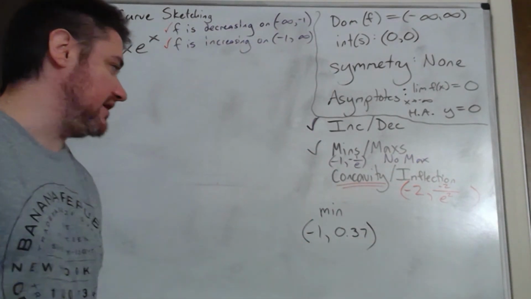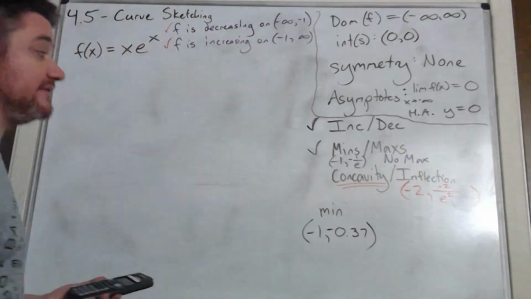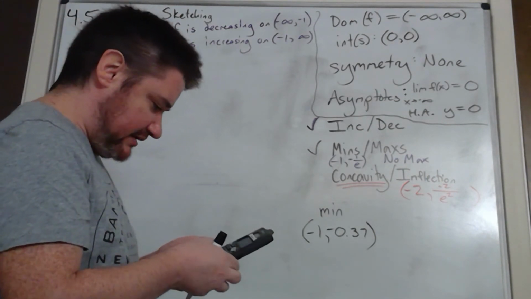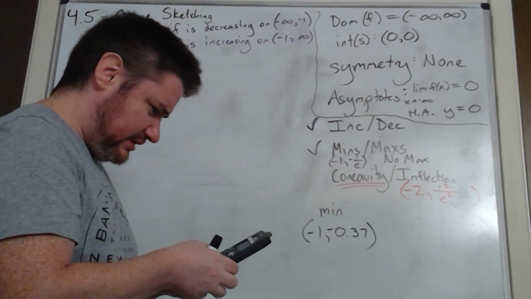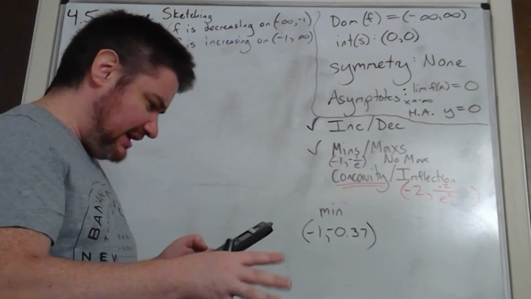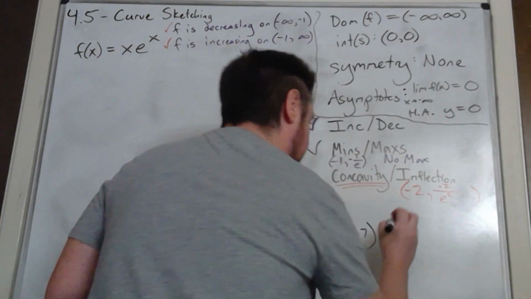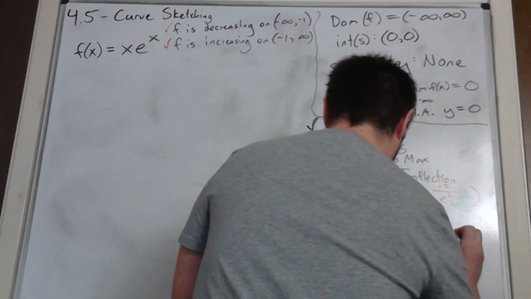I don't have notation to write that that's approximate, but that's okay. And that's negative also. So negative 0.37. 2 over E squared, so 2 divided by E squared is approximately 0.27, and also that's negative. So we've got -2, comma, negative 0.27.